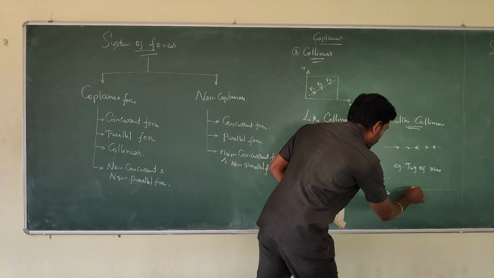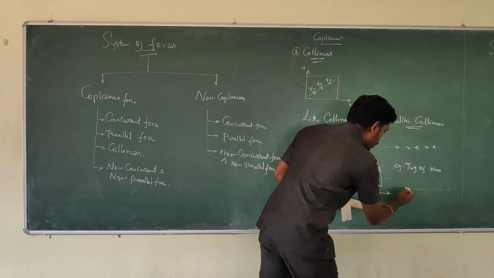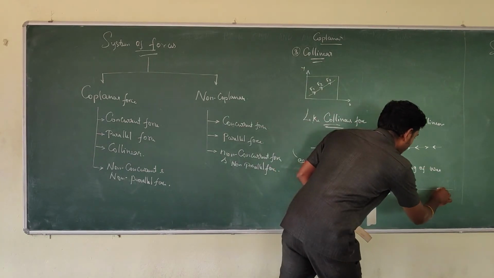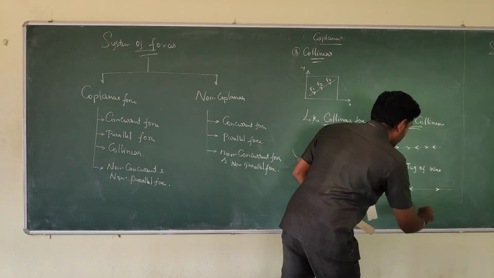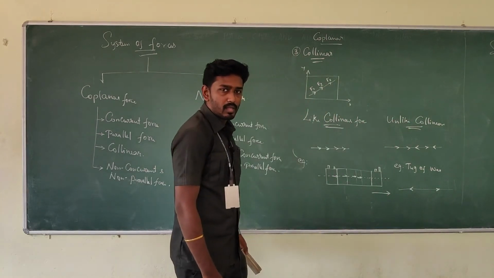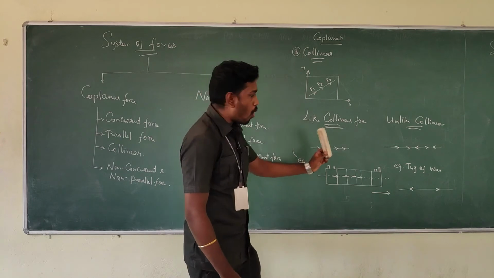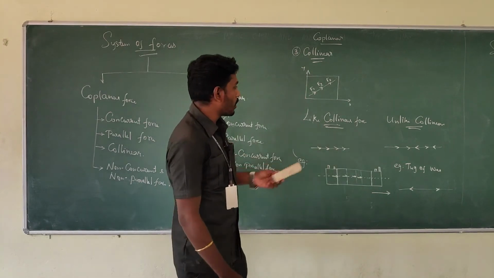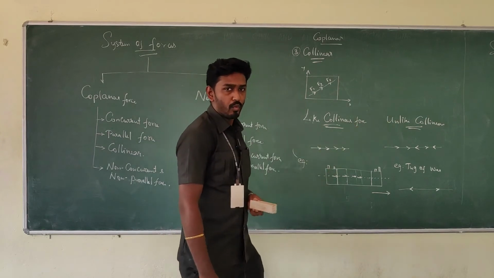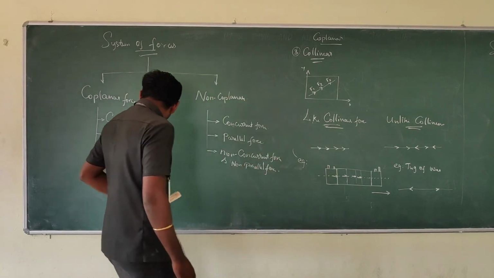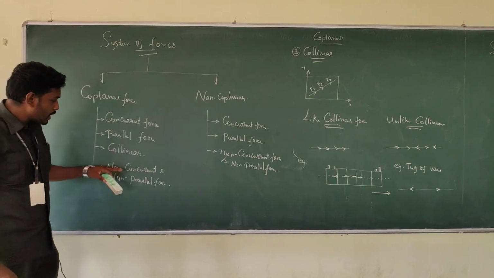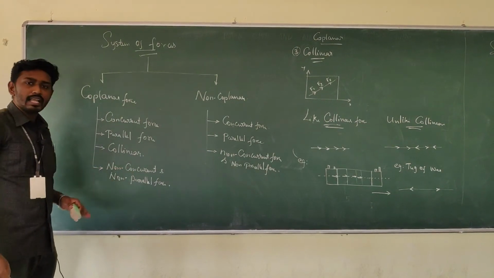Some set of people pull the rope something like this, and on the opposite side, the team pulls the object something like this. Am I right? So the forces acting on the rope are the best example for unlike collinear forces, right?